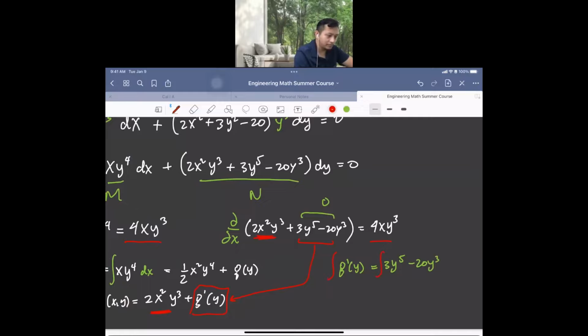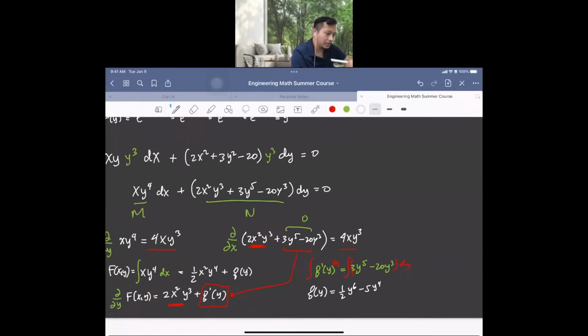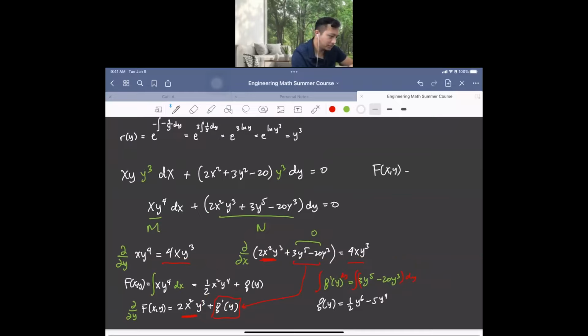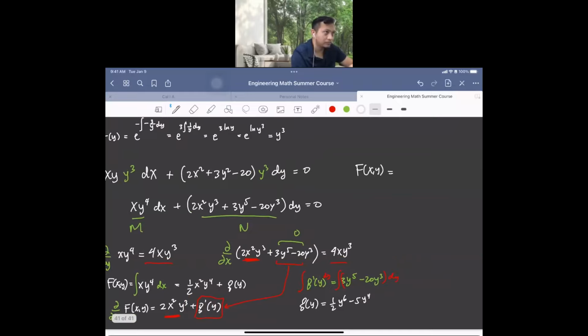We can take the integration with respect to y. Then g of y becomes half y to the 6, and 20 over 4 is 5 y to the 4. Now f of x, y becomes half x squared y to the 4 plus half y to the 6 minus 5 y to the 4 equals a constant.